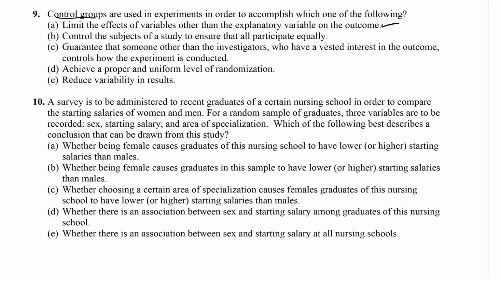No, control groups don't have to do with uniformity of randomization. Reduce variability in results. No, control groups are not there to reduce variability in the results. They're there so that you can compare the groups, right, to other groups by limiting the effects of variables. Okay, so we got there.